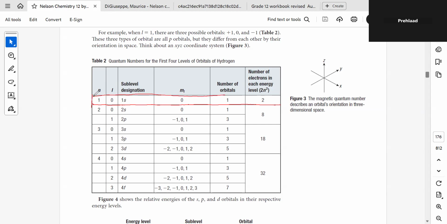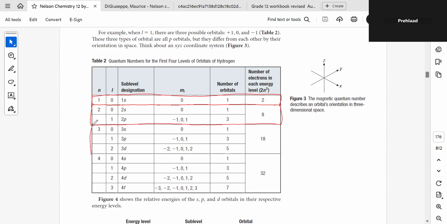So check this. If your n is equal to 1, your L is 0, so it is designated as 1s. The ML number will be 0. Number of orbitals will be 1. If n is 2, then you have L of 0 and 1.